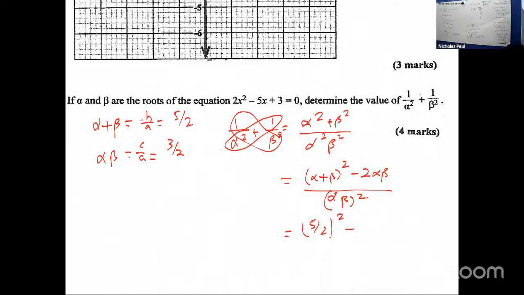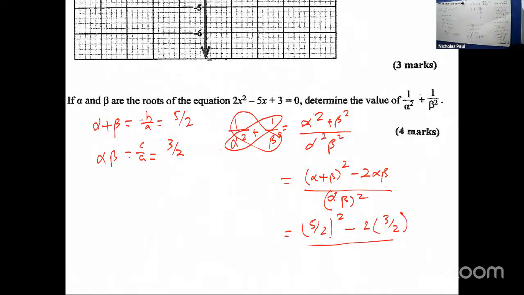Remember, not 1 on alpha squared and 1 on beta squared, the alpha squared plus beta squared would be here. Right? Sometimes you have to simplify out to reach that point. Alpha beta is 3 on 2.